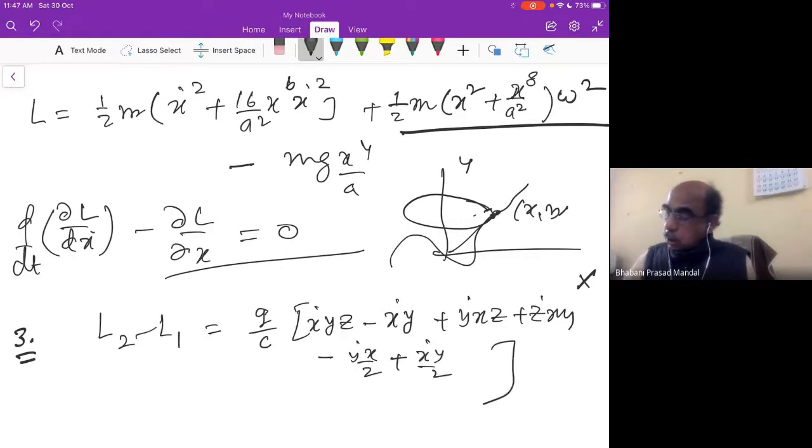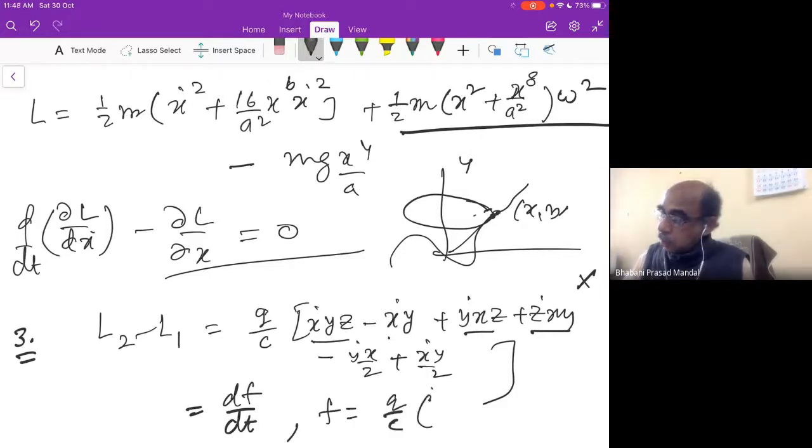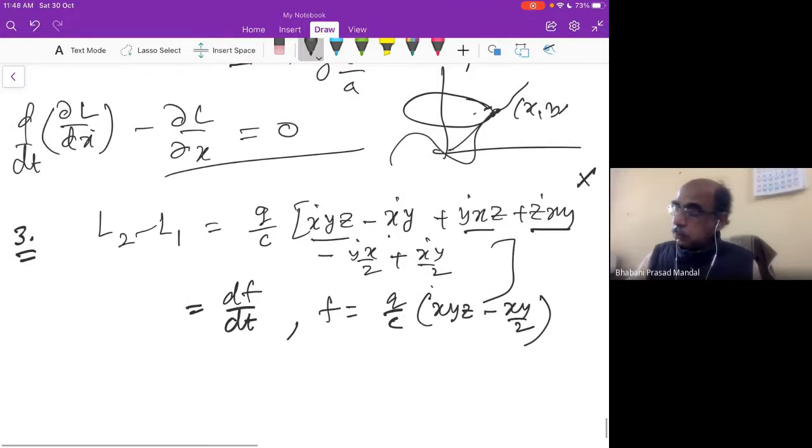The 2 is because the second term has Q by 2C. Now you can see that this term is a perfect differentiation. So these terms can be simplified, and the whole term will be df dt, where f is Q by C xyz minus xy by 2. So L2 and L1 are equivalent.